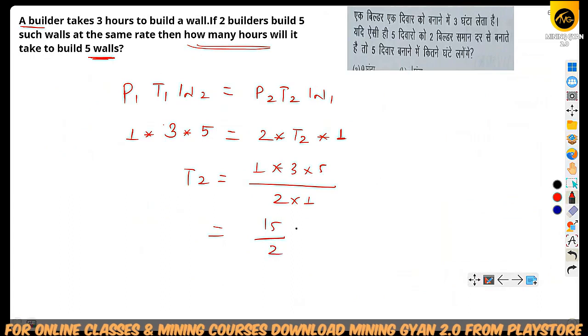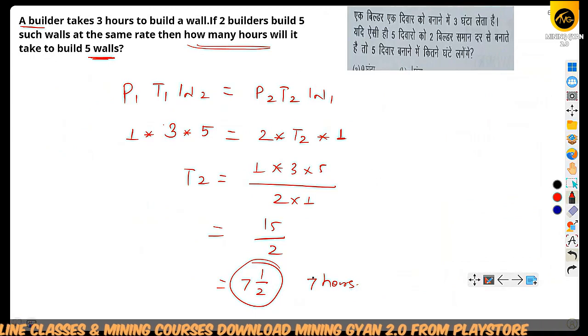So it will be 15 divided by 2, but we have to convert it into a mixed fraction. So it will be 7 and 1 divided by 2. Right? So basically this is 7 hours and half an hour, that means 30 minutes.